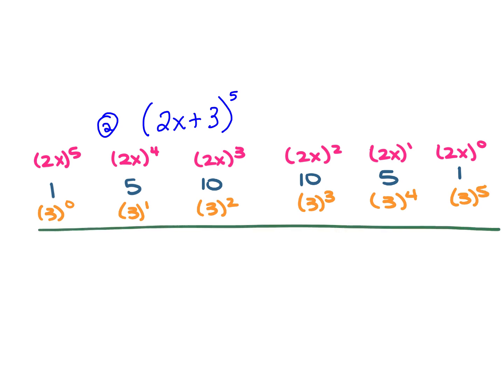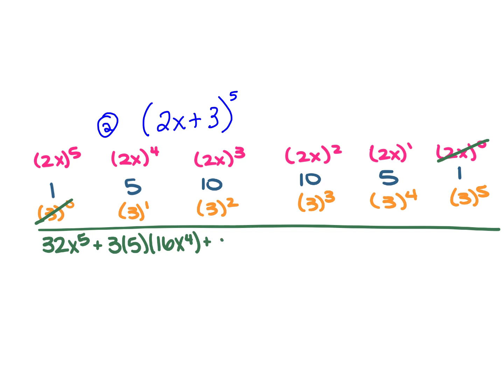First thing I'm going to do before I start multiplying up or down, cancel out those powers of 0. Okay, so you have 2x to the fifth power. That 2 to the fifth power is 32, so that gives you 32x to the fifth. Next, you have 3 to the first power, which is 3, times 5 times 2x to the 4th power, which is 16x to the 4th.